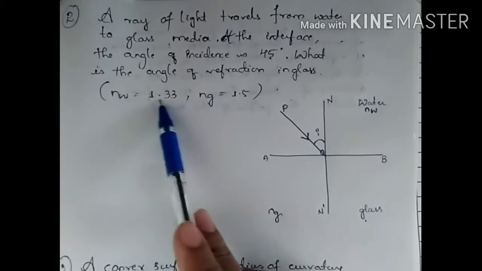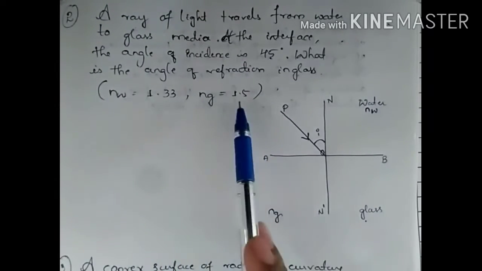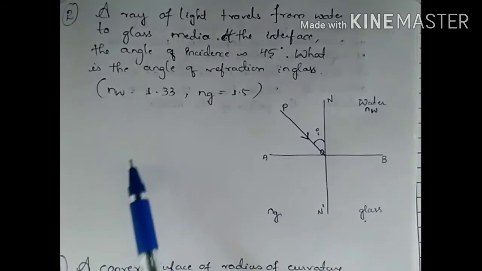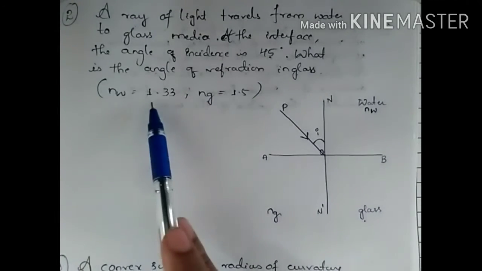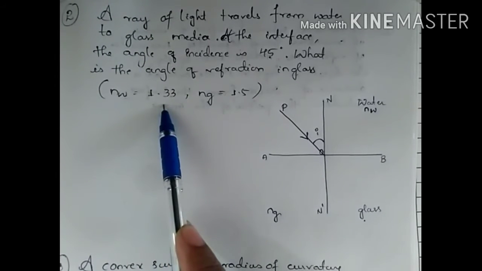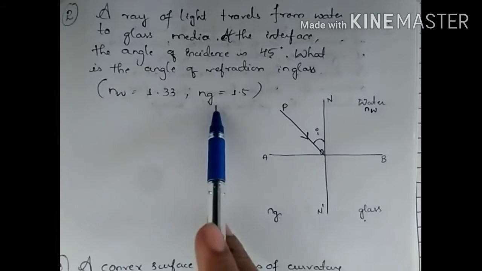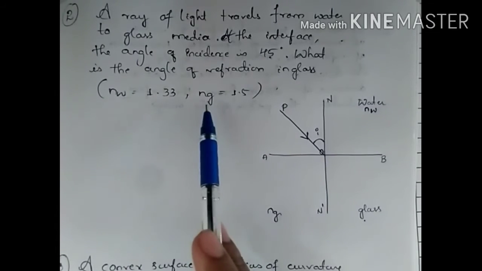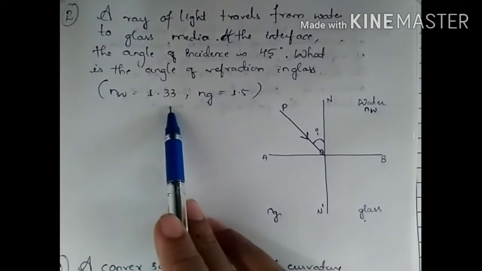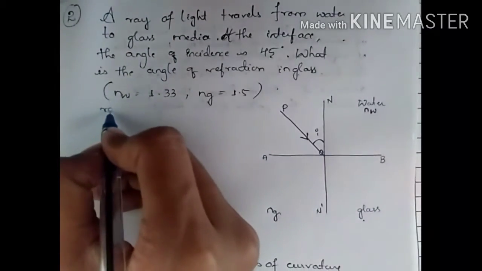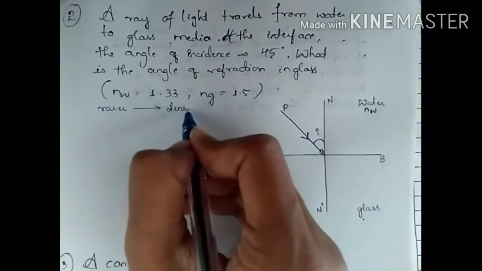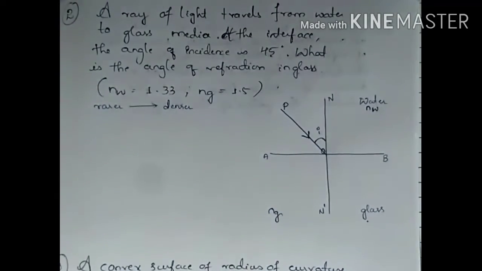If you clearly observe these two refractive indices, you will understand the water medium has less refractive index compared to the glass medium. So again the ray of light is traveling from rarer medium to denser medium. Clear?